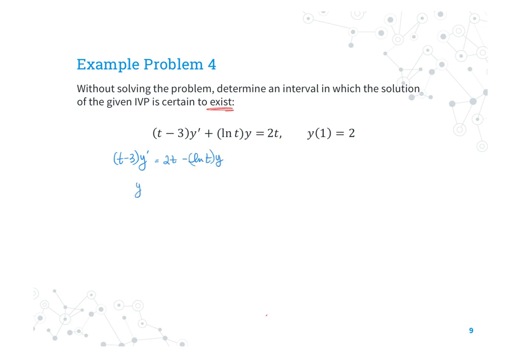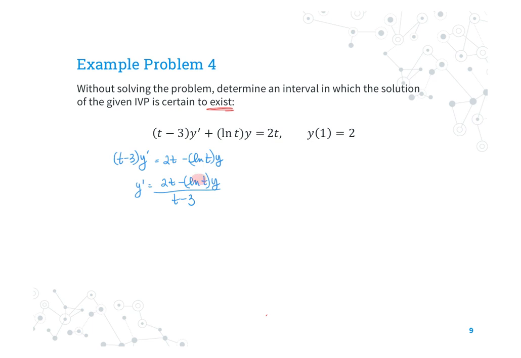So y prime here is now going to be 2t minus the natural log of t times y, divided by t minus 3. So we have a couple of interesting requirements here to look at.